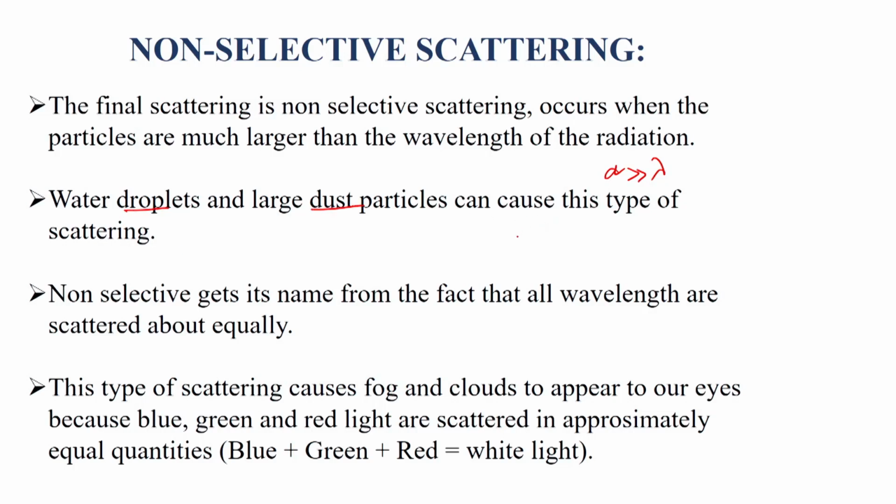Usually we say that this is more than 10 micrometer, because the wavelength coming ranges all the way from gamma rays to X-ray, then ultraviolet, visible, IR, and then microwave and Hertzian waves. So for particles more than 10 micrometer, you have non-selective scattering.